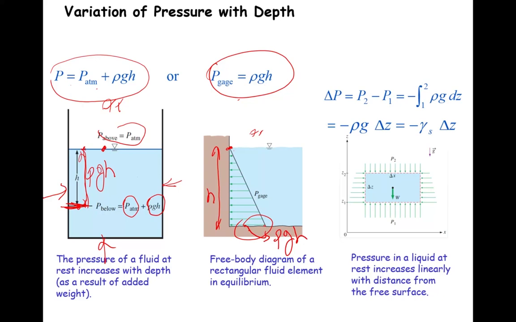So how does the pressure change in a liquid? If we consider point 1 and point 2, then the pressure between the two would be in this form, and from there the change in pressure would be in this form. So the slope of this line is minus gamma.